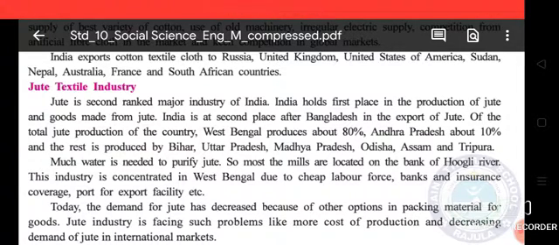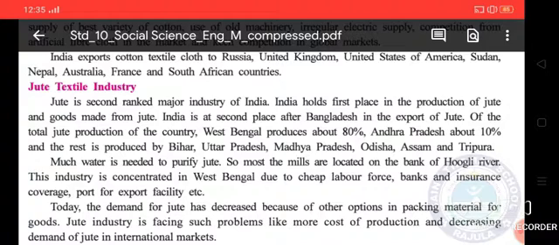This industry is concentrated in West Bengal due to cheap labor force, banks and insurance coverage, and port facility for export. These are the main reasons why this industry is concentrated in West Bengal.